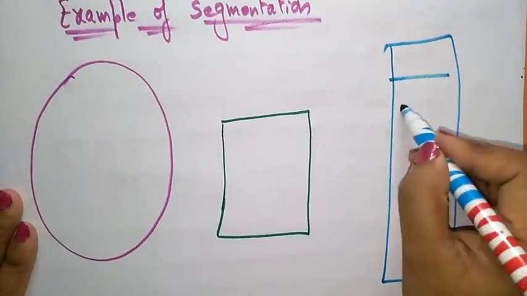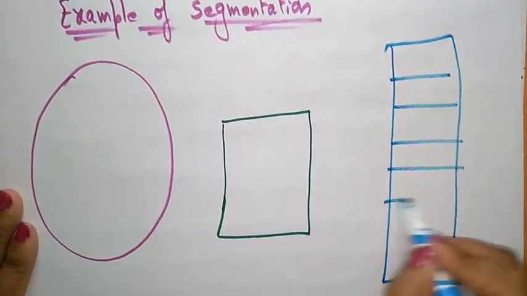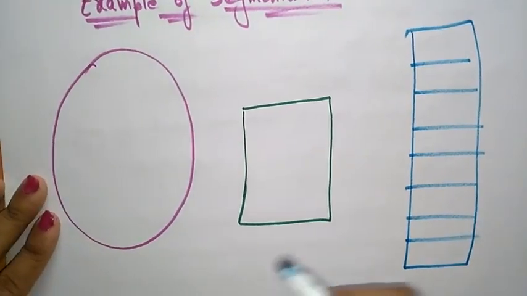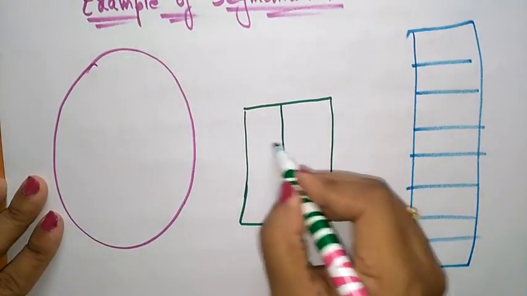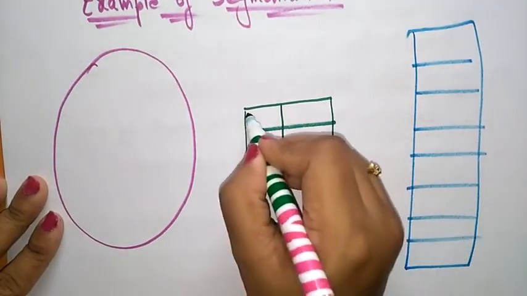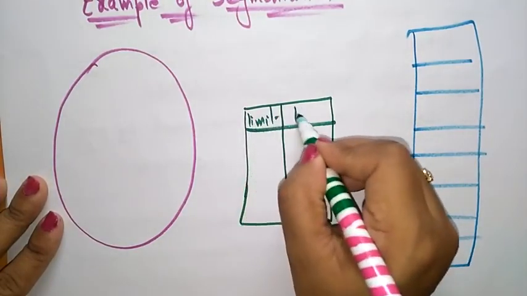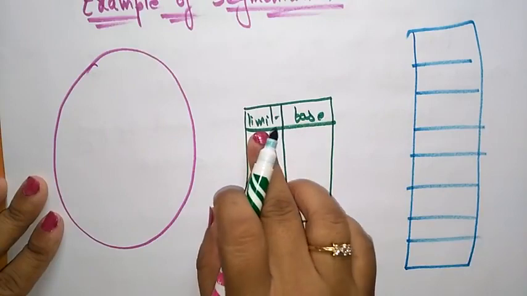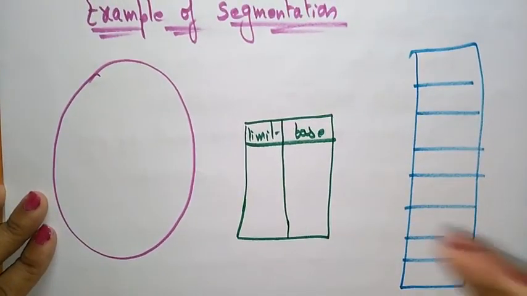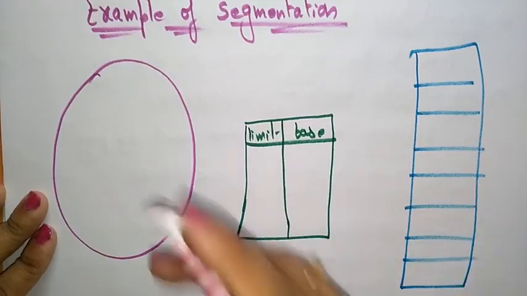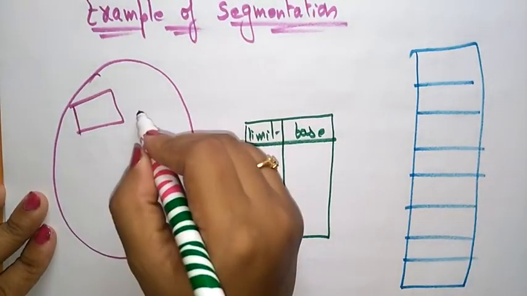In the segment table you have the limit and base. The limit holds the length of the segment and the base is the starting address of that physical segment.